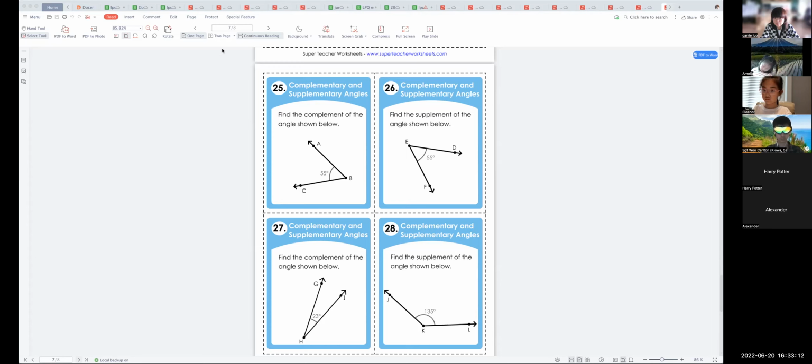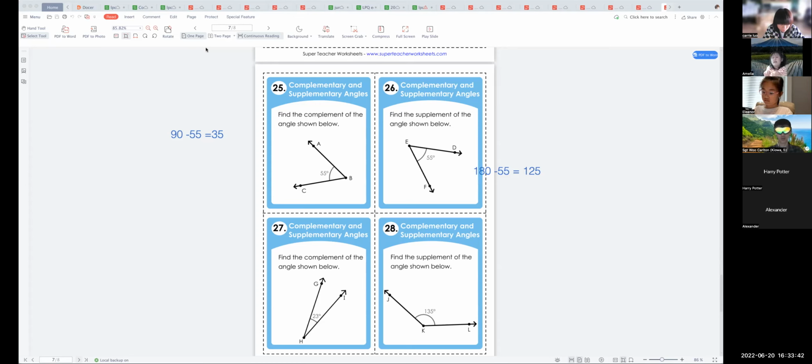Okay, so Colton, 25, 26, 27, 28. Complement for 25, so 90 minus 55 equals 35 degrees. Supplement for 26, so 180 minus 55 equals 125 degrees.